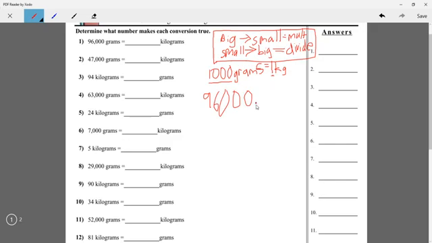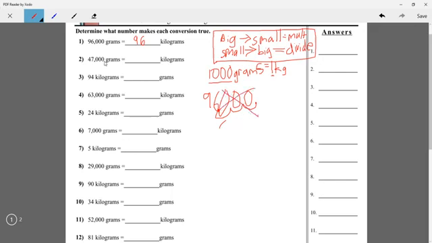If there is no decimal place in a whole number, then the decimal place is right after the ones column, and then we're just moving it 3 times to the left. 1, 2, 3. And then the decimal place would be here. So the answer would be 96 kilograms, because it would be 96.000, but you can drop the decimal place and the .000 because that doesn't change the value, and then it just becomes 96.